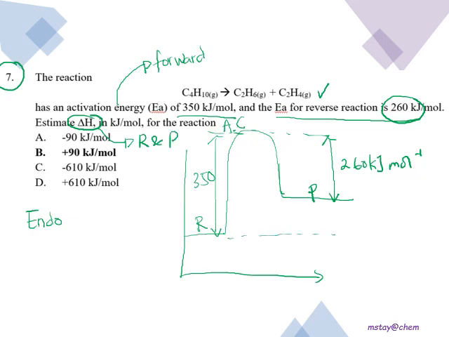The distance between reactant and activated complex is 350, and now we minus 260 kilojoule, and here we will know that this is the difference between reactant and product, which is 90 kilojoule per mole. So that's why the answer is B.